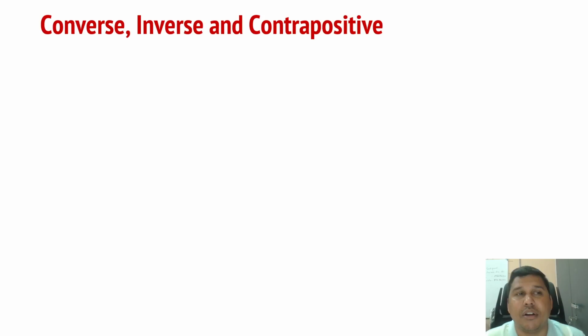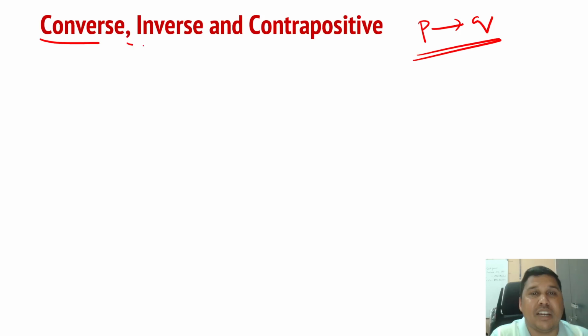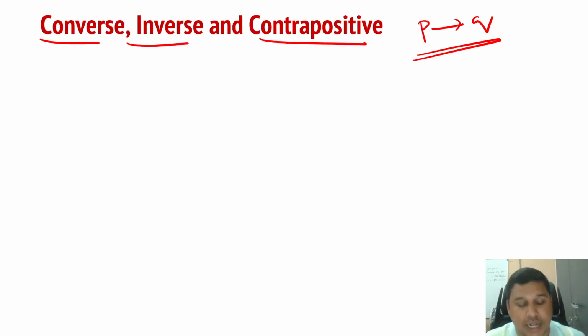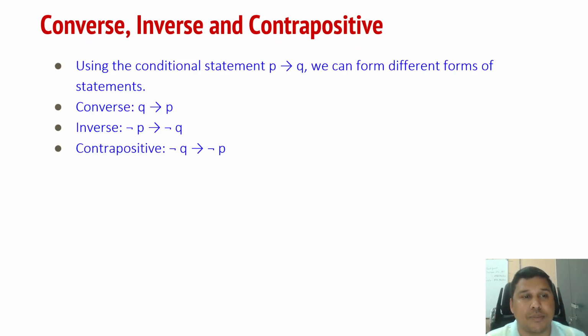In implication, we have three different kinds of statements: converse, inverse and contrapositive. There are three types of statements related to P implies Q. What are those? Converse, inverse and contrapositive. Let us try to understand what these statements are. If there is a conditional statement P implies Q, we can form different statements.